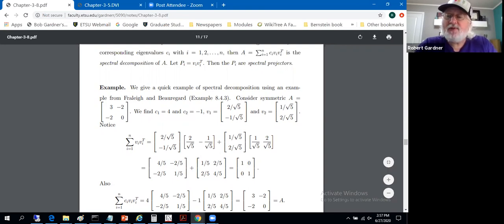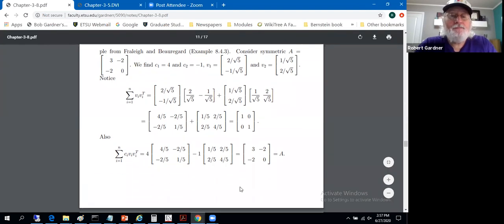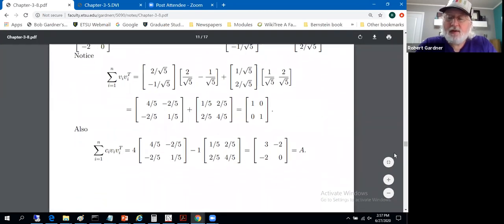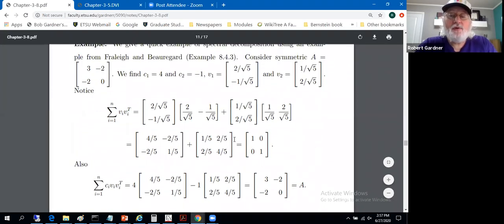So we should be able to take matrix A and write it as the sum of c sub i times P sub i. c1 times P1, c1 was 4, and the first spectral projector was this thing. c2 was -1, and here's the second spectral projector. Do the arithmetic, and sure enough, you get out matrix A. Here's matrix A up here.